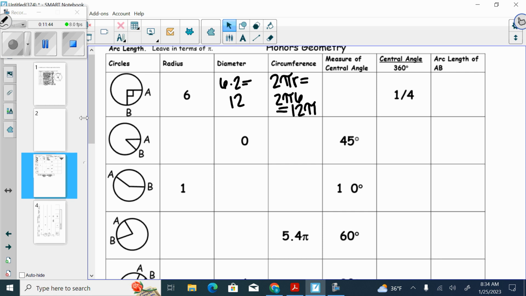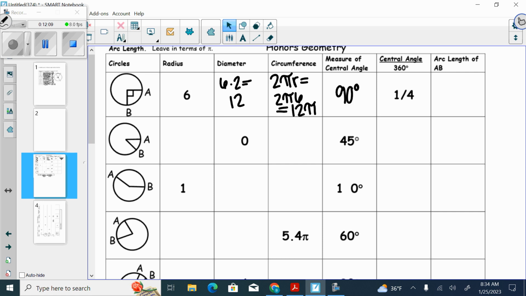Then they want to know the measure of the central angle. Well, in the picture, we can clearly see that the central angle is a what degree angle? A 90-degree angle. Good. If you didn't know that, then we can tell that it's a quarter of it, right, with how it's marked in there. And so you could do 1/4 times 360. That works too.